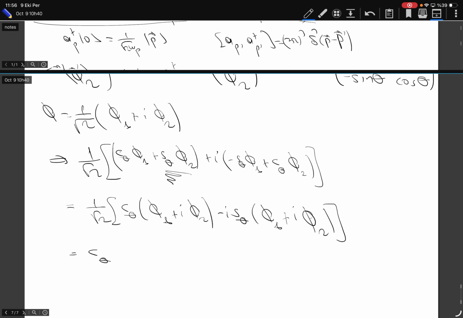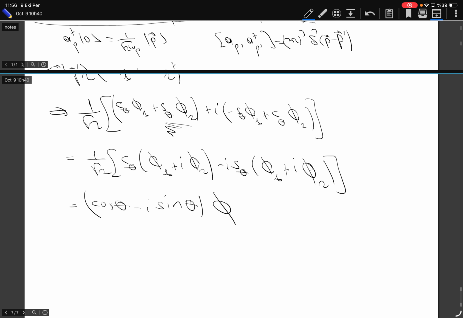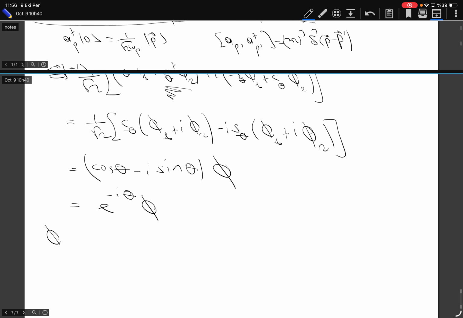Well, let's see, this is cosine theta minus i sine theta phi. But that is nothing but e to the power minus i theta phi. So phi goes to e to the power minus i theta phi. This is my symmetry now.